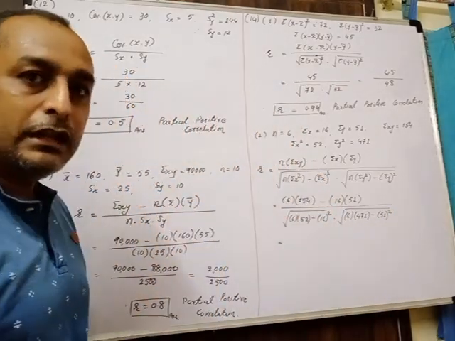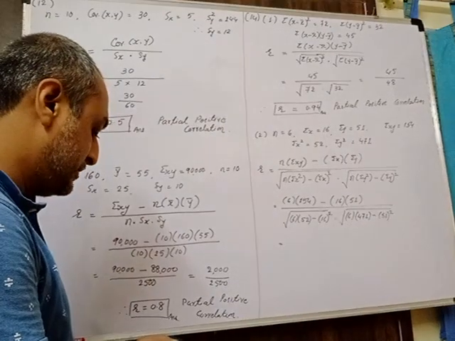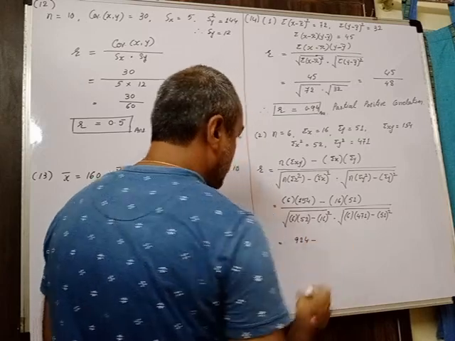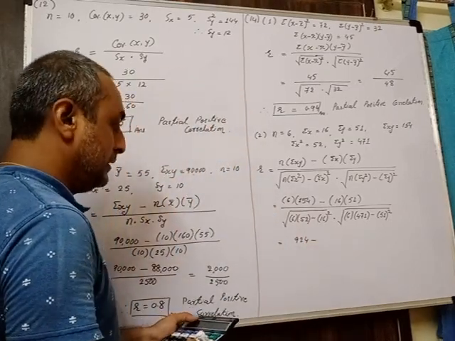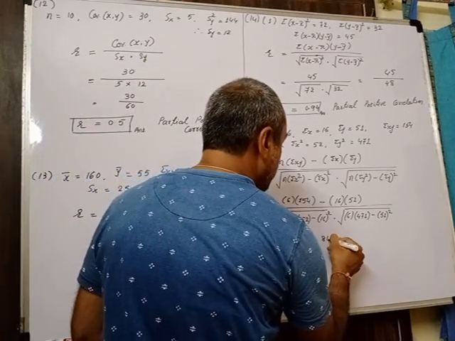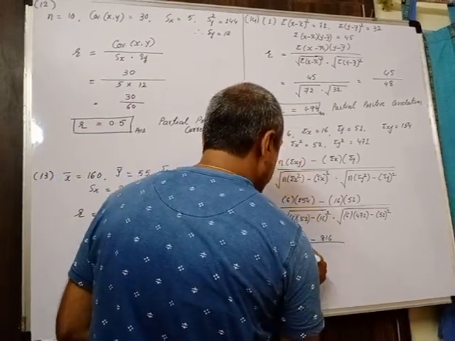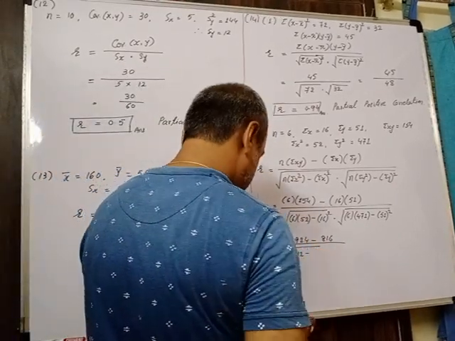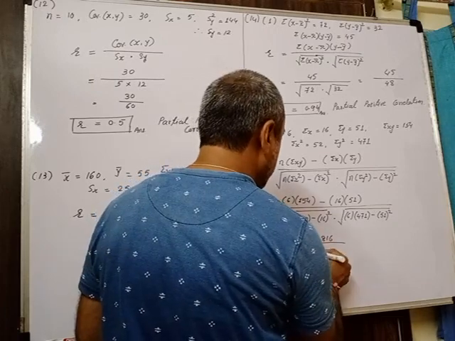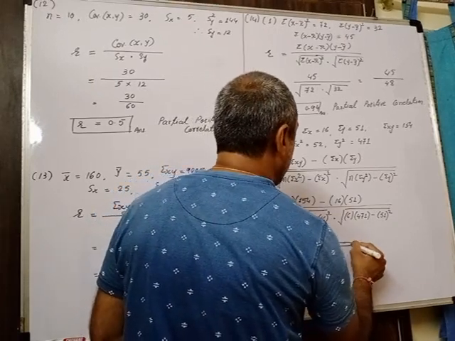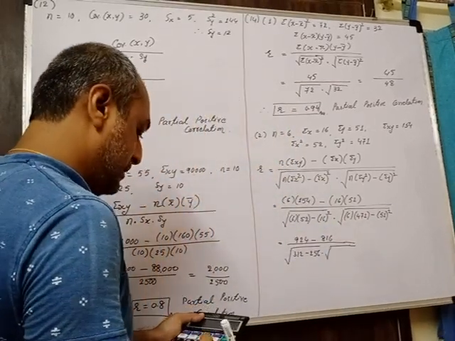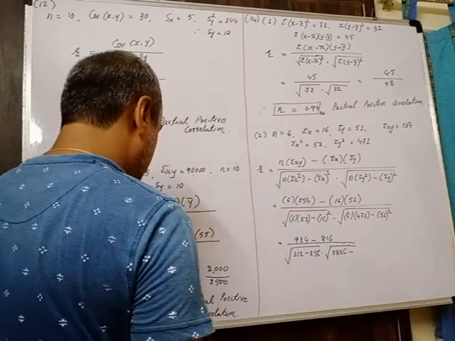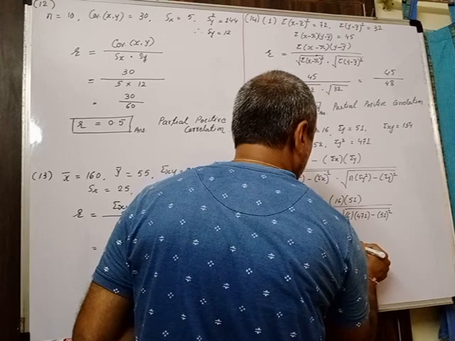Now we know how to calculate it. So one by one we will multiply the values. So 6 into 154 first of all is 924 minus 16 into 51. So 16 into 51 is 816 divided by the first root, 6 into 52 is 312 minus 16 square is 256, into another root, 6 into 471 is 2826 minus 51 square is 2601.